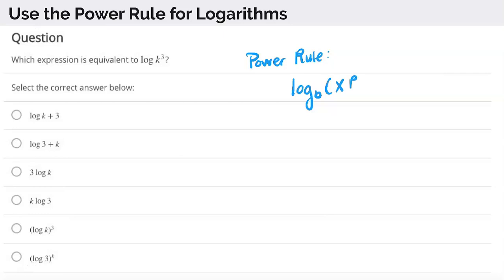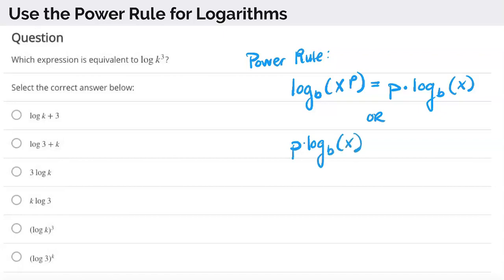So x to the p, that power can be brought out front and we can turn this into multiplication. Right, and remember, all of these rules can always be interpreted both ways. So we could also start with a number out front and say that what this tells us we can do is bring that thing inside as a power.